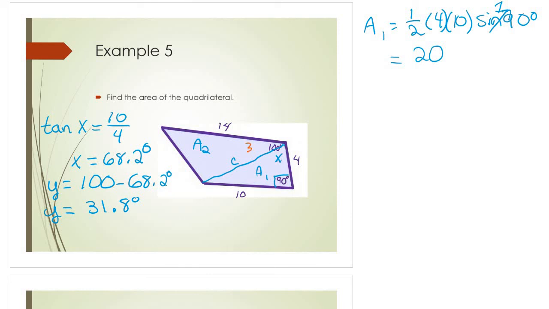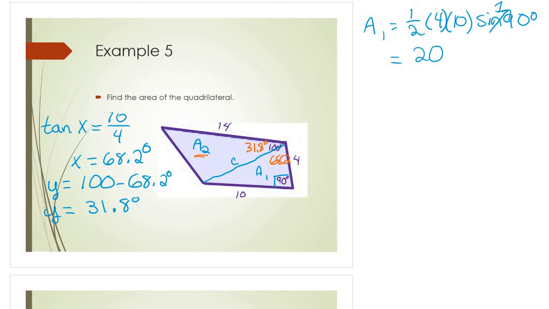So this is 31.8, and this is 68.2. All right, so now in the second triangle, this one here, I have one side, one included angle. And I need that side C, and then I can do the area.